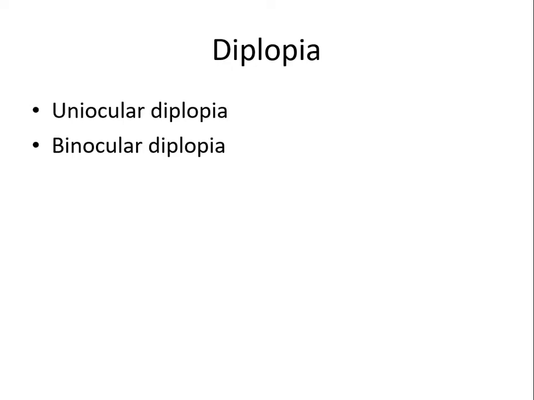The light rays which pass through the aphakic zone of the pupil will not get refracted by the lens, only by the cornea. So a blurred image will occur in the peripheral retina. Because two dissimilar images are falling, one on the fovea and another on the peripheral retina, the patient will perceive diplopia. Because it is due to subluxation of the lens, it is known as uniocular diplopia.